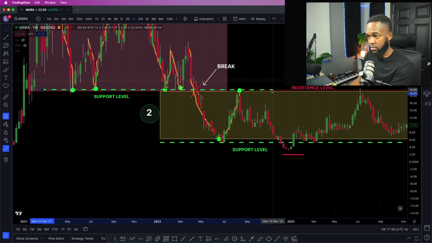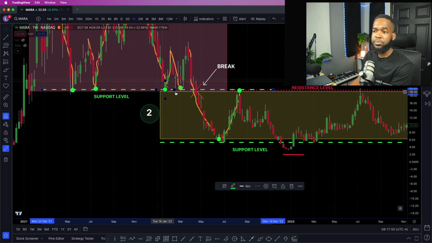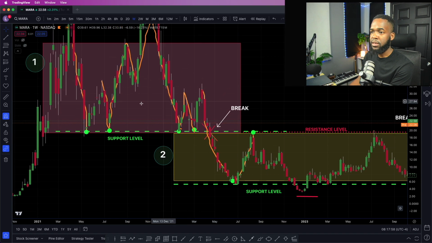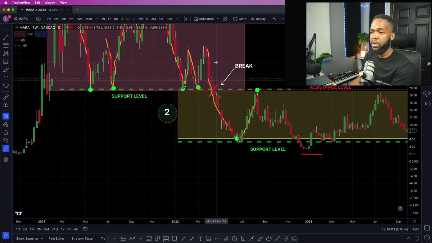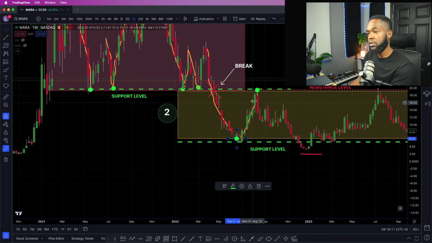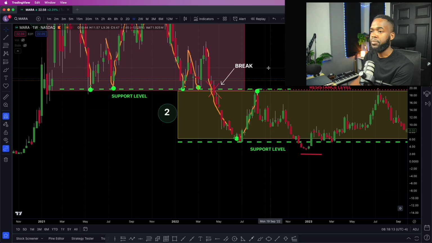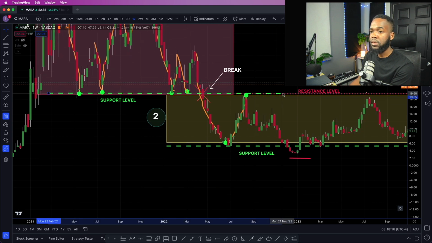This is where support becomes resistance. Price breaks after being in this area for so long, comes down here and stops and bounces, reverses and goes higher and stops. Now this support level becomes resistance.